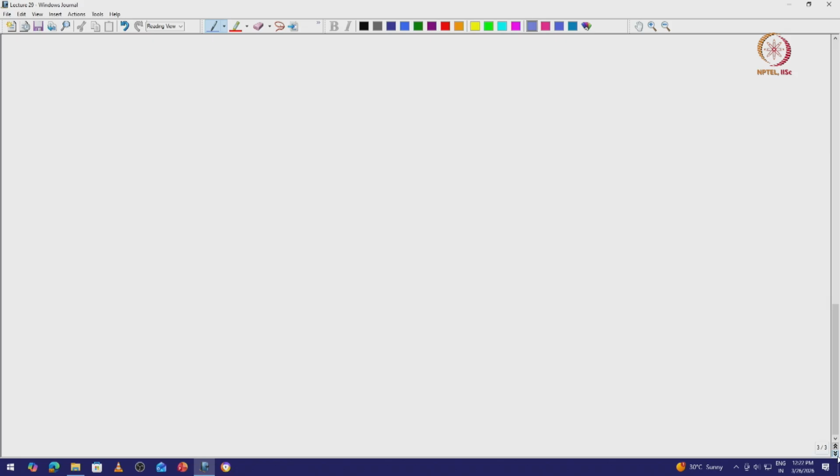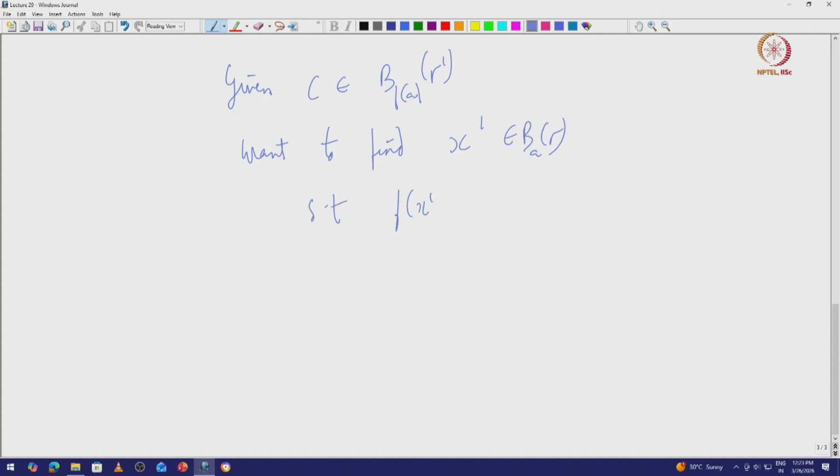That more elegant method is as follows. Given c in this ball of radius r dash, which we have to figure out, we want to find some x, let's call this x dash, so that f of x dash is c.